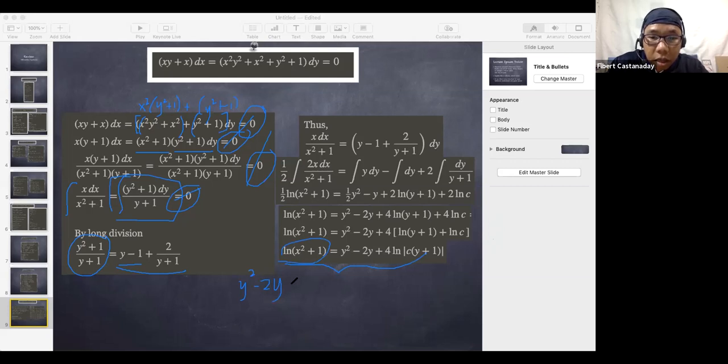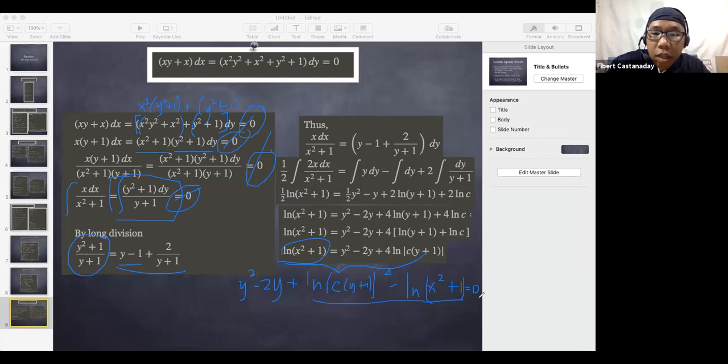So this will be plus ln of c times y plus 1 raised to 4, and then minus ln of x squared plus 1 equal to 0. But you have to put this inside the parentheses.